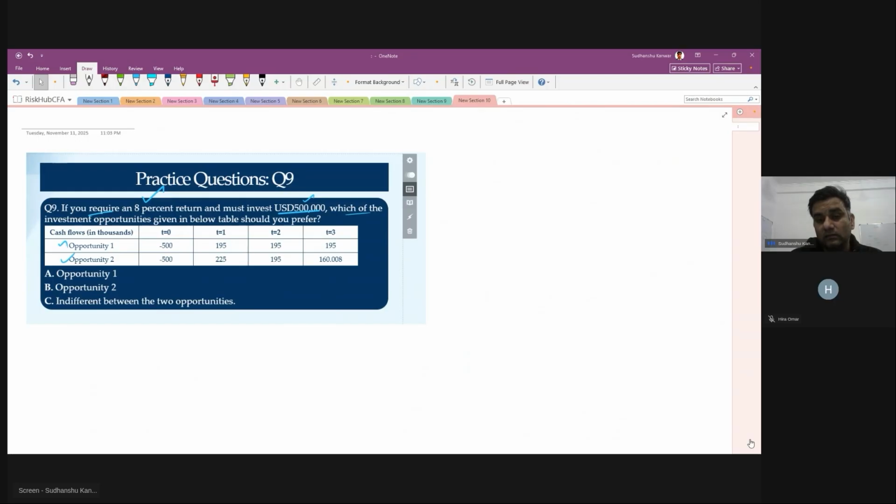The best way to do it is to follow the cash flow additivity principle. You have to compare the two opportunities and then see which one has the better cash flow.